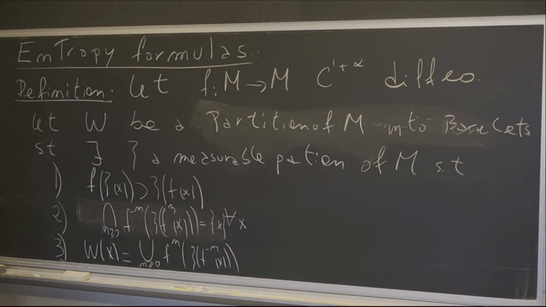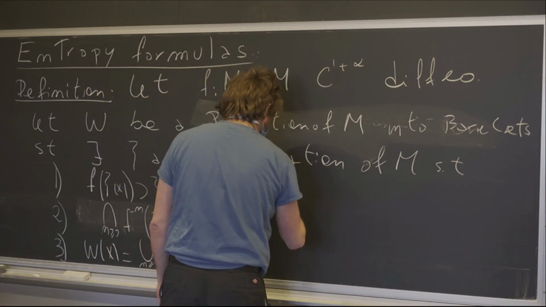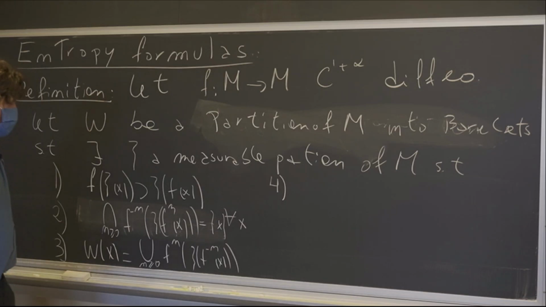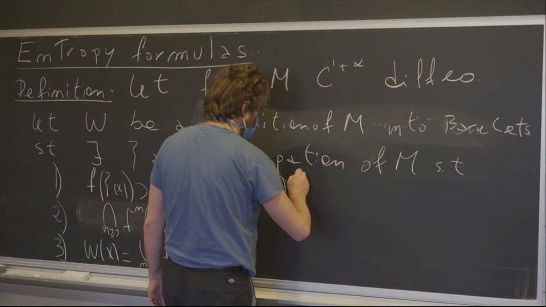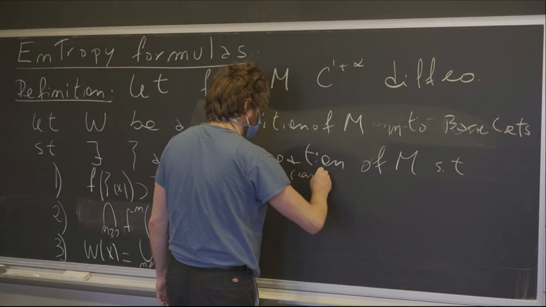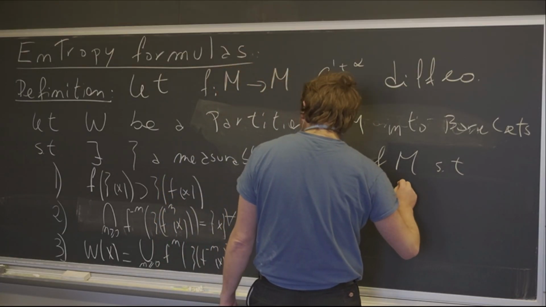And there is a fourth condition, which I will make a little bit less nice, but essentially it's a consequence. So this, I will write it down even though it's a consequence of 3.